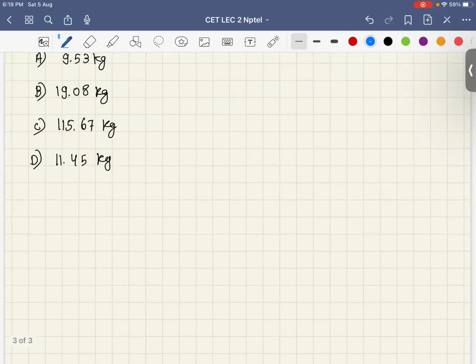Okay. So I'll give you a couple of minutes to solve it. Simply just have to use the ideal gas equation to get the answer.